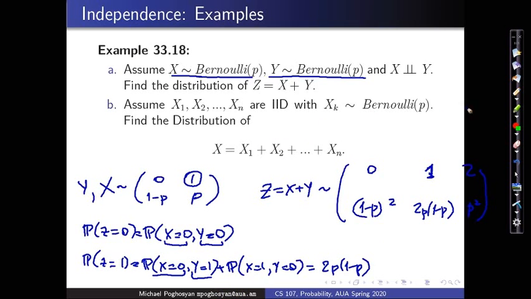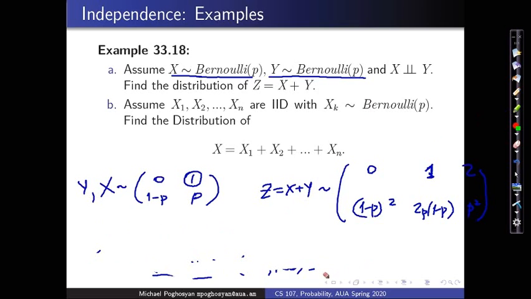What is important? The important thing is the following. Now, this distribution is one of our standard distributions, and you can guess that Z is binomial with parameters n is 2 and p is p.